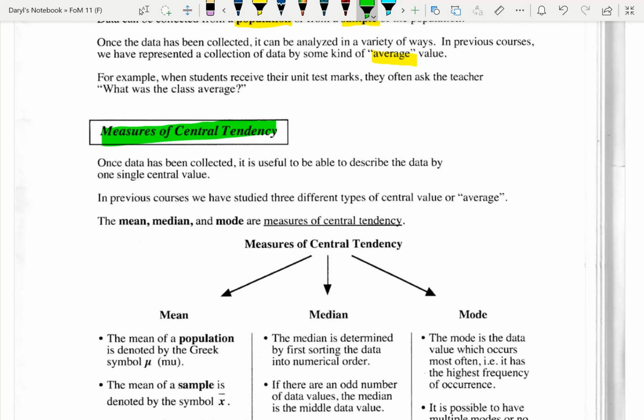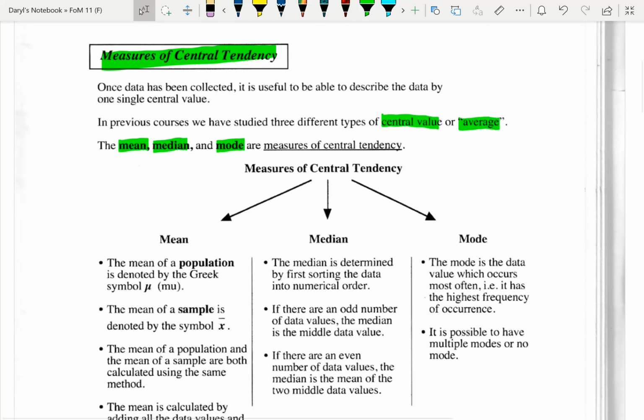There are three types of central value or average: mean, median, and mode. These three quantities are called measures of central tendency.